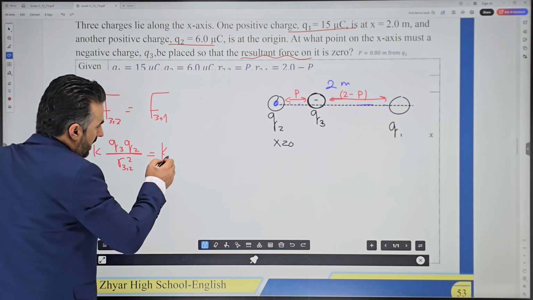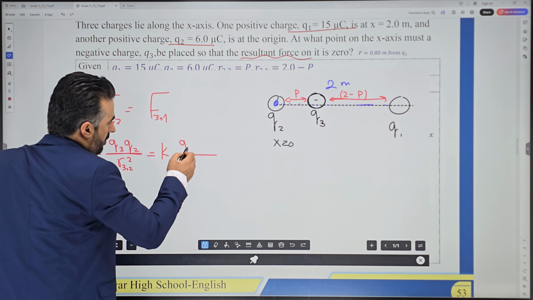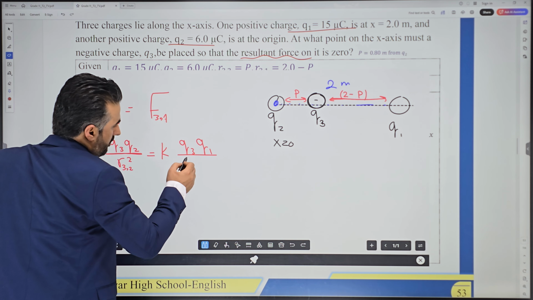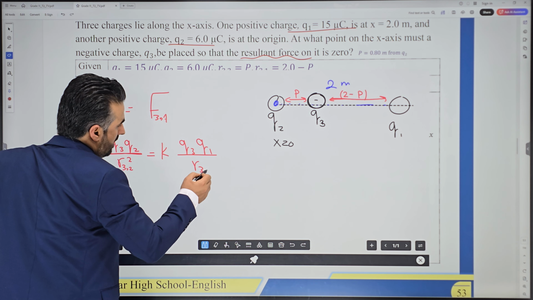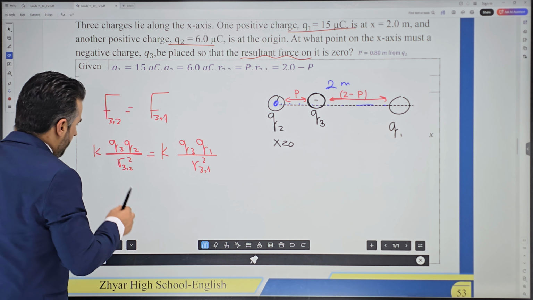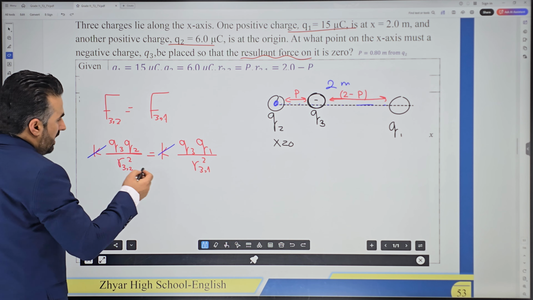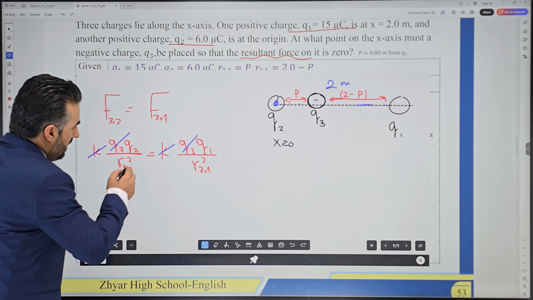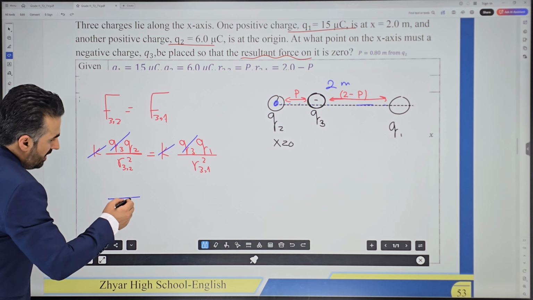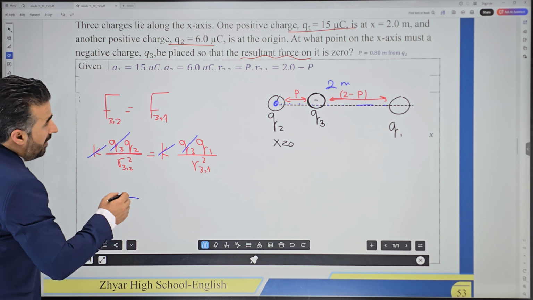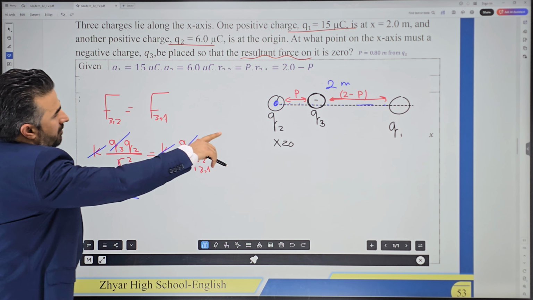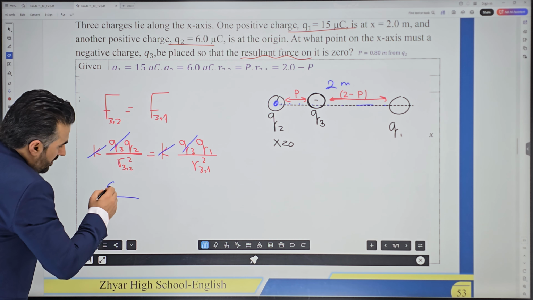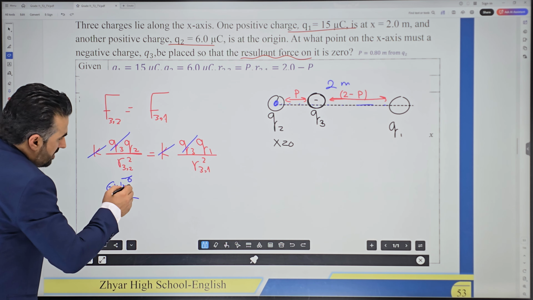It is equal to k times Q3 Q1, because you can see the force between 1 and 3, over the distance between 3 and 1 squared. Now of course these are the same, so we can cancel them out. You can see Q3 and Q3 are on both sides too. Q2 is left. What is the value for Q2 now? It is 6 micro, 6 times 10 to the power negative 6.